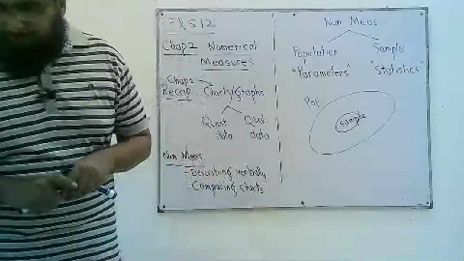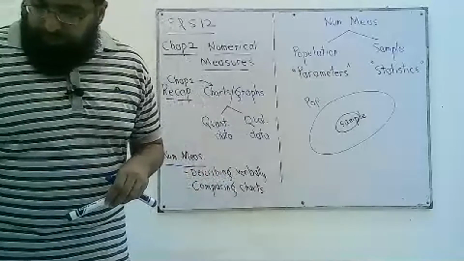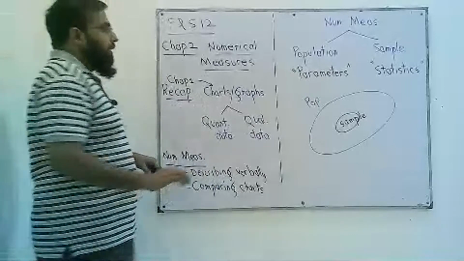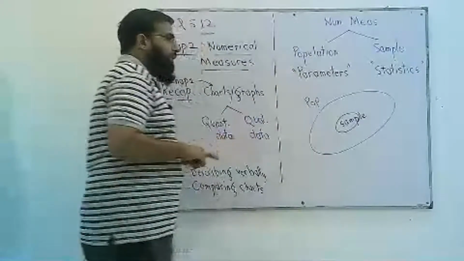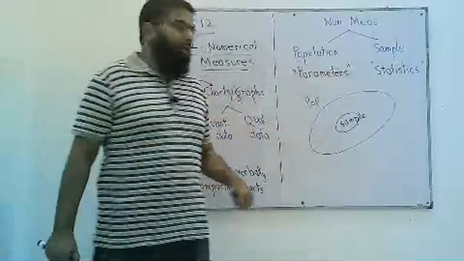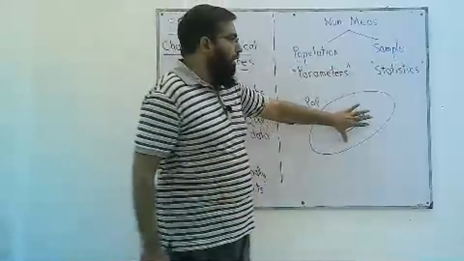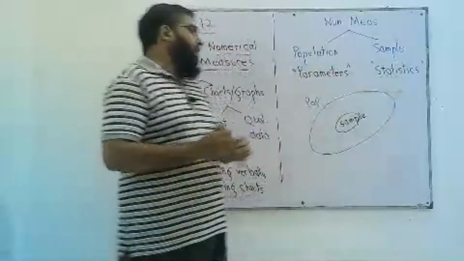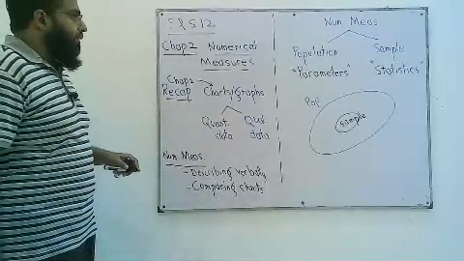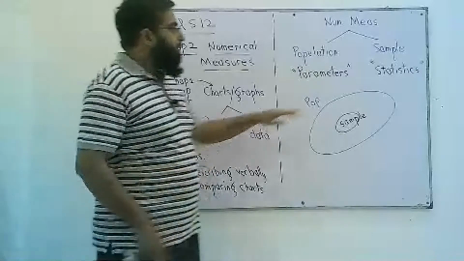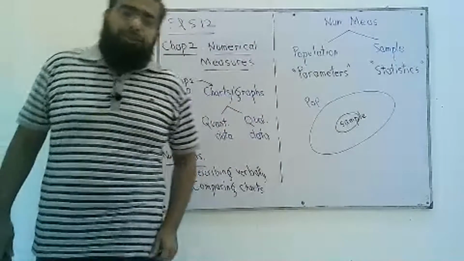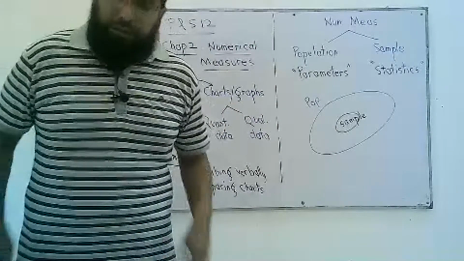If we measure every measurement in the population, it will come with a constant number, and that would be the parameter. But measuring that parameter is difficult because the data is very large. Therefore, we rely on a sample, and the measurement that we make on a sample is a statistic. Based on the statistics, we estimate parameters, which is the basis of inferential statistics.